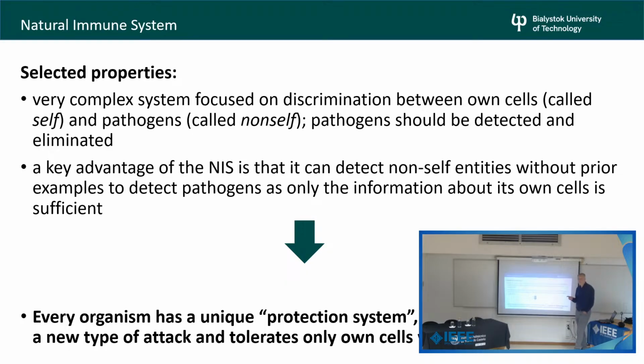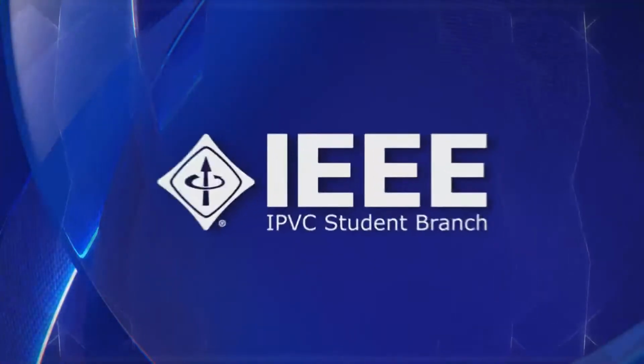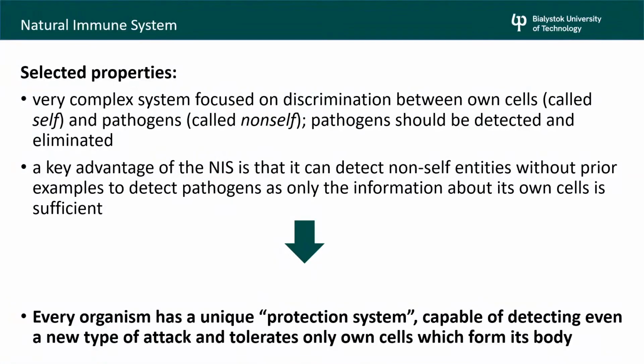This is a difference when we move this to the security domain. When we use a standard antivirus system or intrusion detection system, we have the same database, the same signatures, almost the same rules in the firewall and in the intrusion detection system.